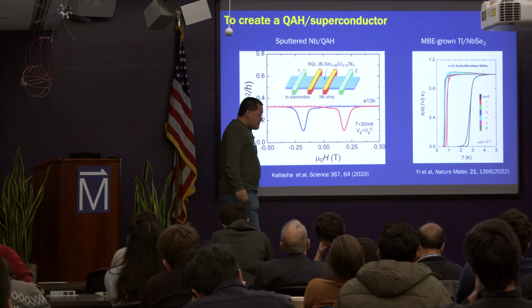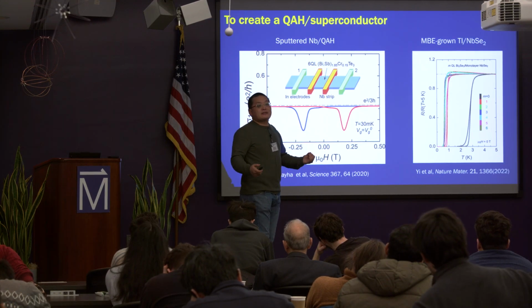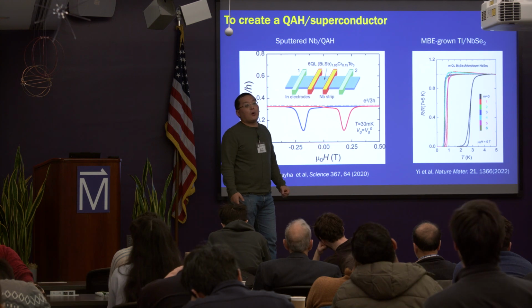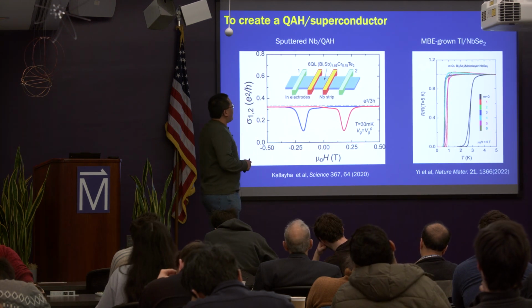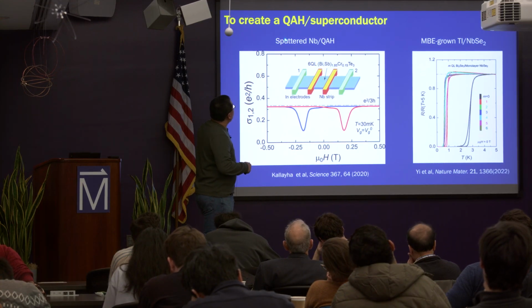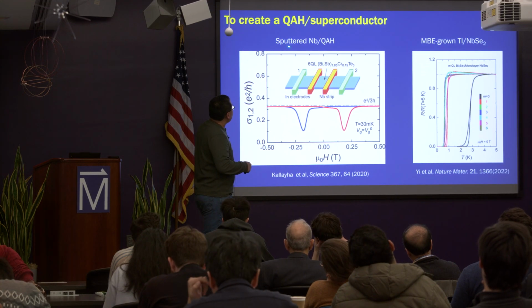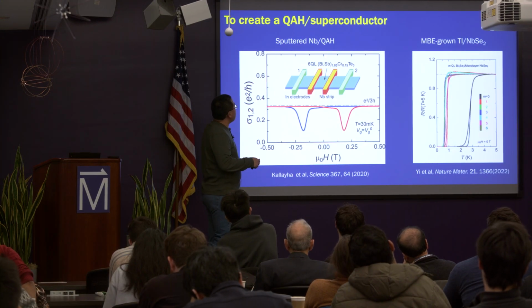I'm an experimentalist, so we need to synthesize these quantum anomalous Hall and superconductor heterostructures. Over the past 10 years, the first work we did was using sputtering to deposit niobium on top of the quantum anomalous Hall insulators.